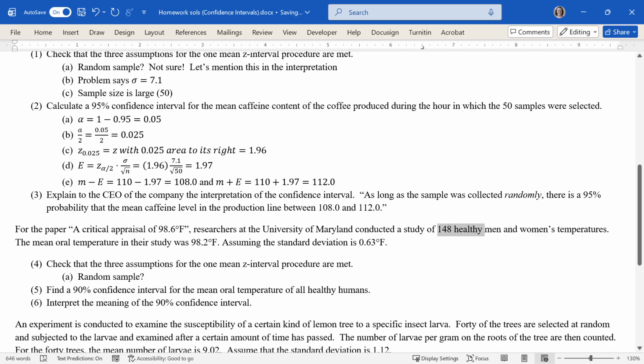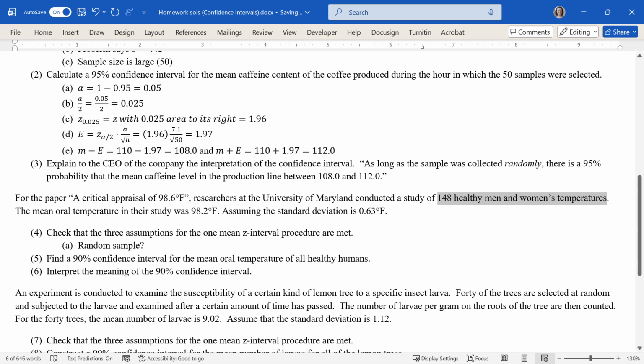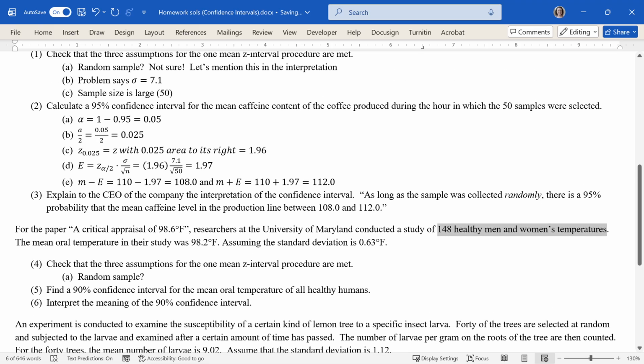And I mentioned college students because they're popular participants in studies, because professors can get them to do things more easily than other people. If it was a sample of 148 people they found standing outside on a cold day, then that would also be biased. So it's unclear where they got these people. This is not clear, so we need to mention this in the interpretation.